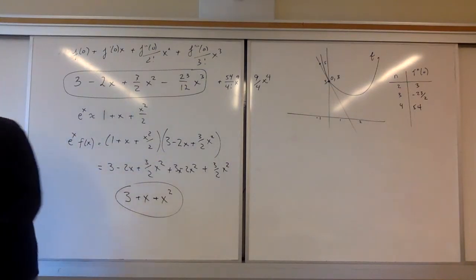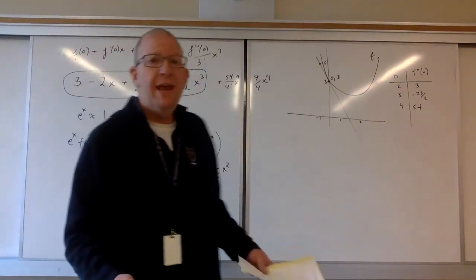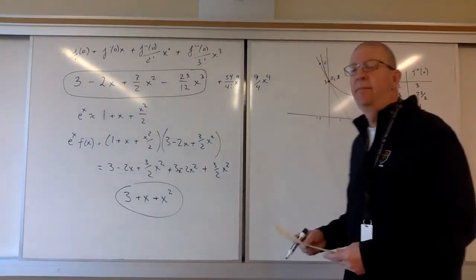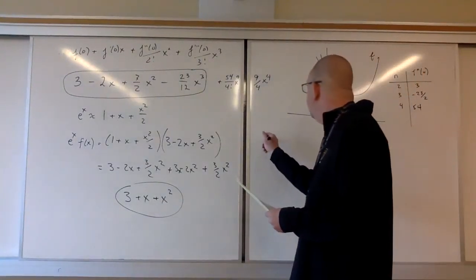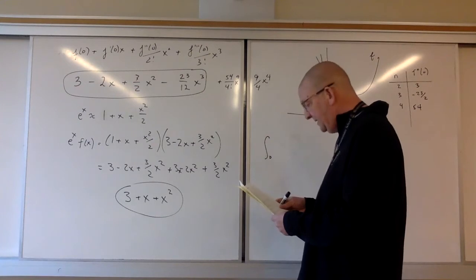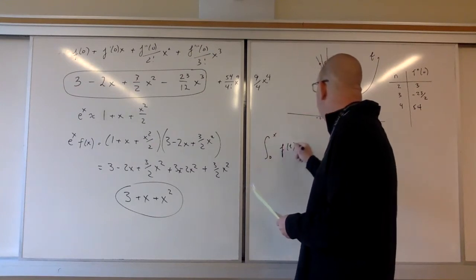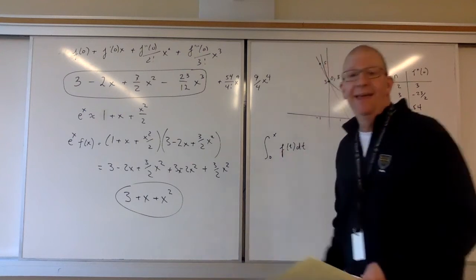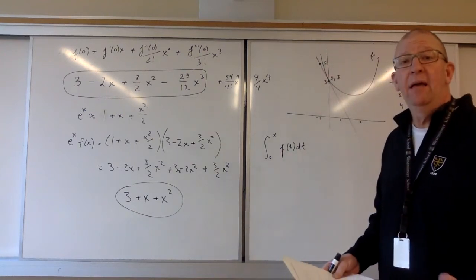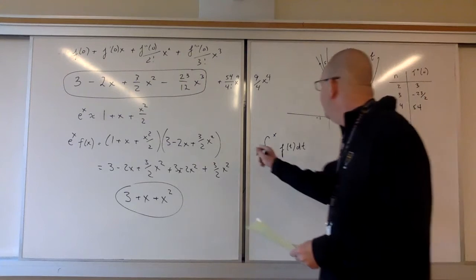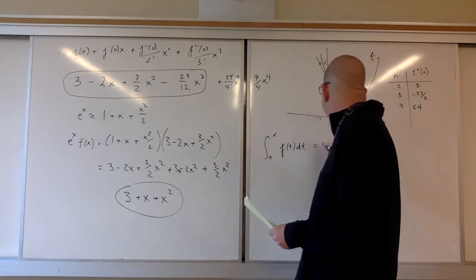part C. Now, part C sets us up an integral. Part C defines the integral from 0 to x of f of t dt. Now, remember, that's from part A. And we're defining this as h of x.